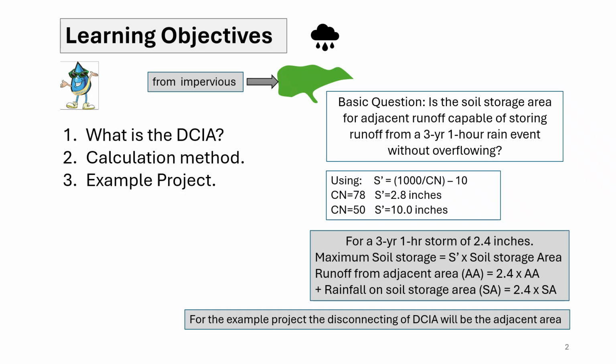The total volume the soil must handle includes both the runoff flowing in from the adjacent impervious area and the direct rainfall falling onto the soil storage area itself. In the example project, the area being disconnected from the drainage system is the adjacent impervious area, and determining whether that disconnection is effective depends entirely on whether S' is large enough to handle the combined load.